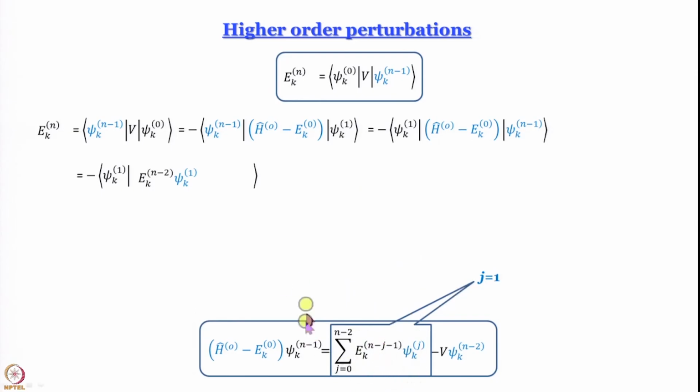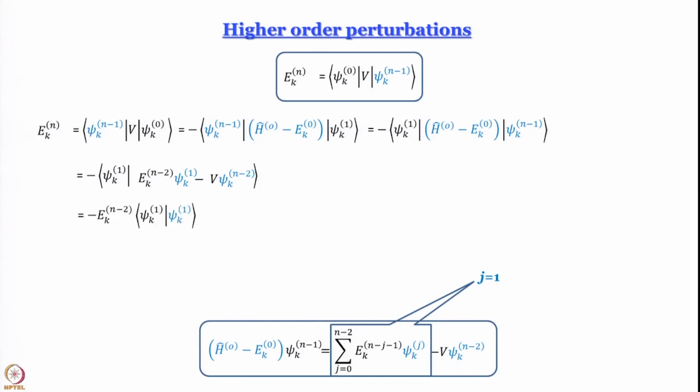So, I get the n minus 2th correction to energy multiplied by psi k 1th, okay, as the first term. Second term remains minus v psi k n minus 2th. Now, we will expand. I have 2 integrals, right. In the ket vector I have 2 terms. So, I might as well write it out as a sum of 2 integrals.